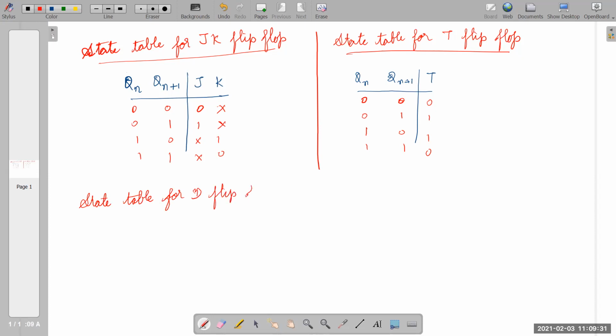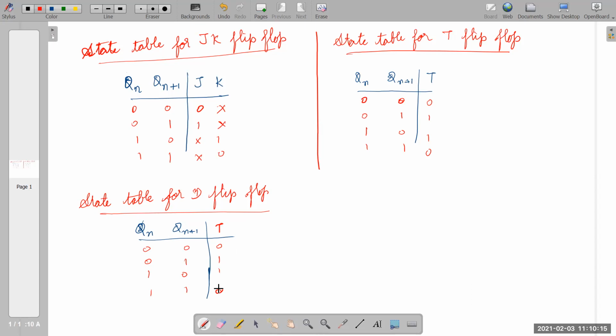This is the state table for T flip-flop. So this is the state table for JK, T and D flip-flops.